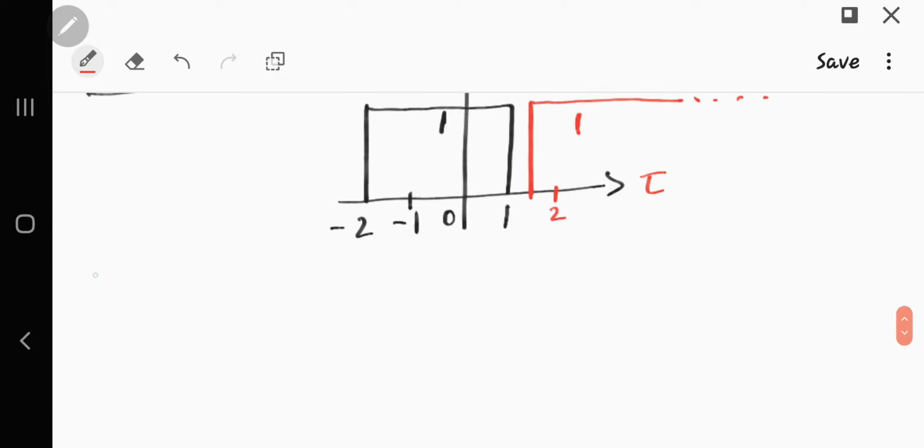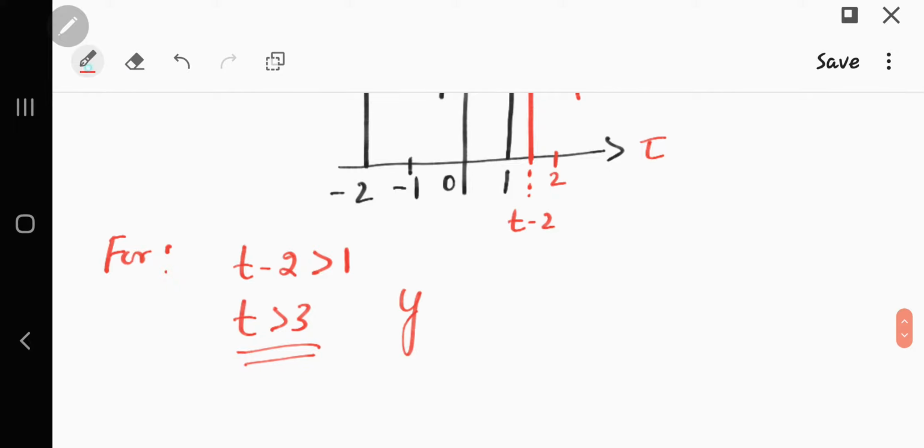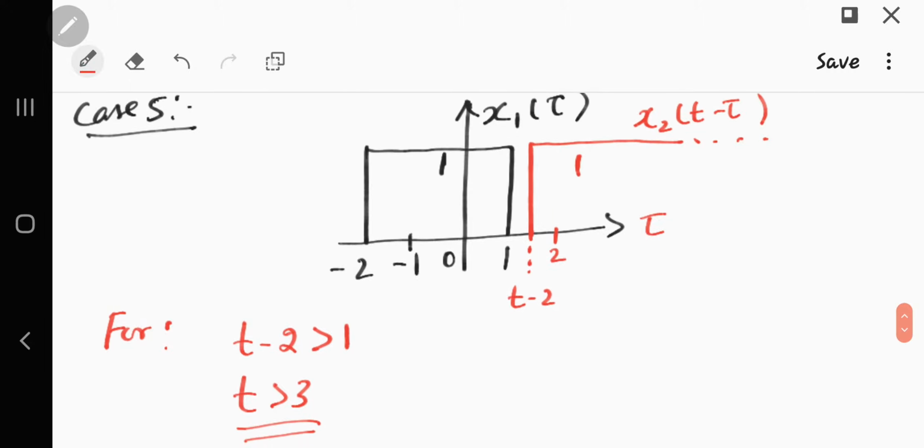Now how do you define this case? Since I have kept t minus 2 here, for t minus 2 I will keep it simple, greater than 1. For t minus 2 greater than 1, or if you simplify this, t greater than 3, y of t, there is no overlapping here.